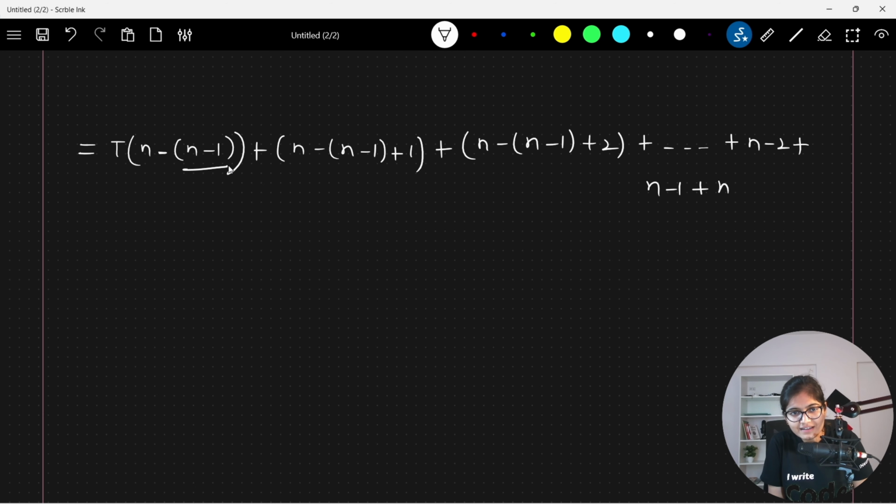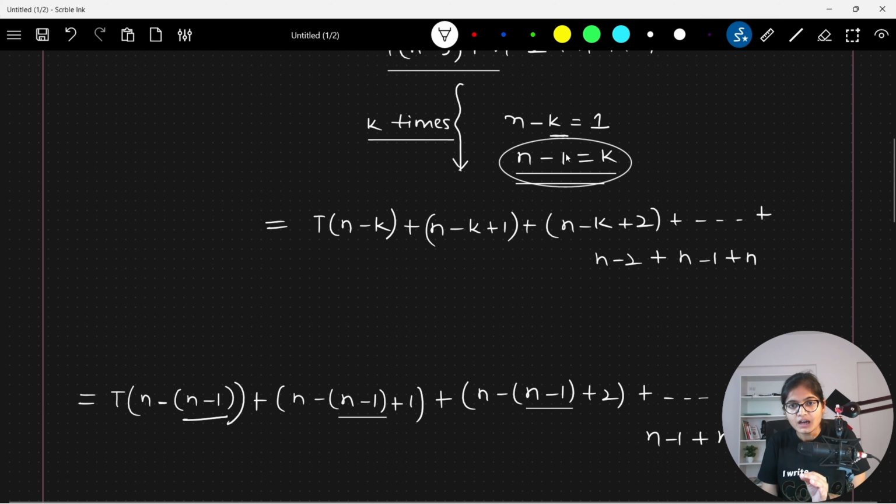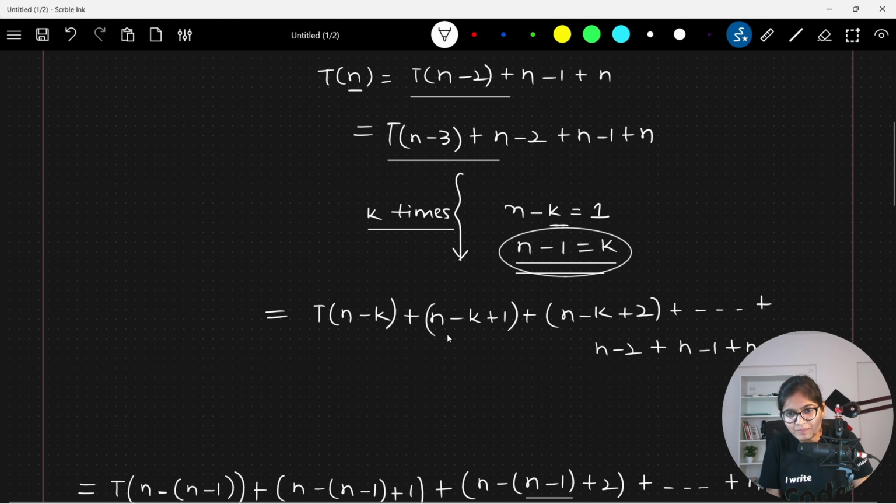Now I just placed the value of k as n minus 1. How does this value of n minus k plus 1 come up? Just see the above pattern.